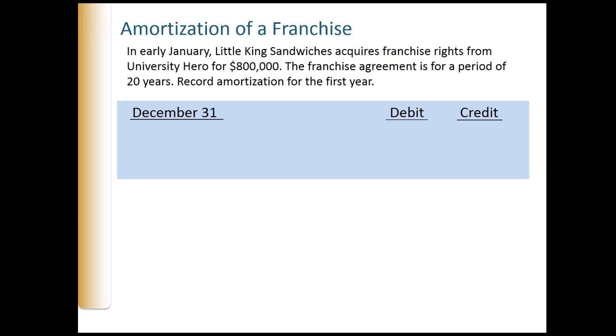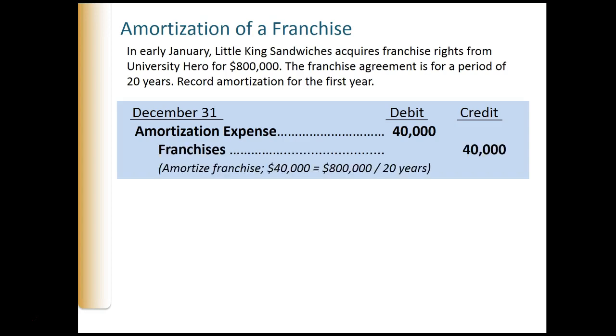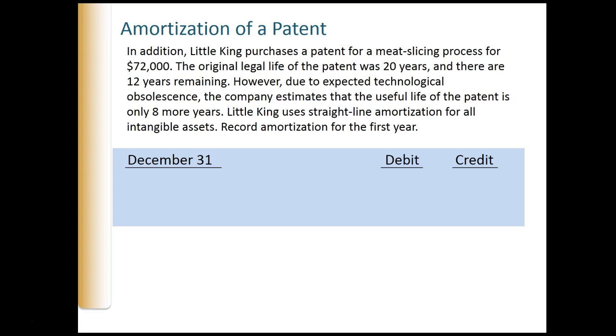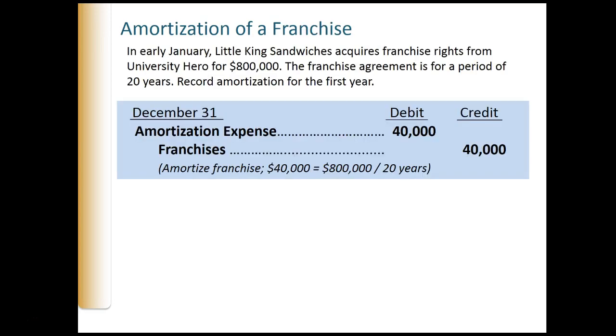However, due to expected technological obsolescence, the company estimates that the useful life of the patent is only going to be 8 more years. Little King uses straight-line amortization for all intangible assets. So Little King is going to record the amortization expense of $40,000 each year, which is basically the $800,000 divided by 20 years.